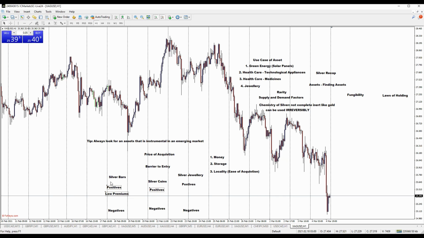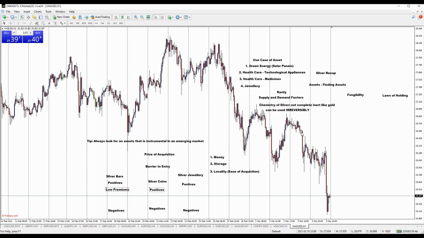Now, the brokers, you can call them brokers, but the companies, bullion banks, or just simply sellers of gold and silver and different assets of that nature. When they're selling us silver, one of the guidelines they have to abide to is that they need to make sure that they follow the spot price to a certain degree.